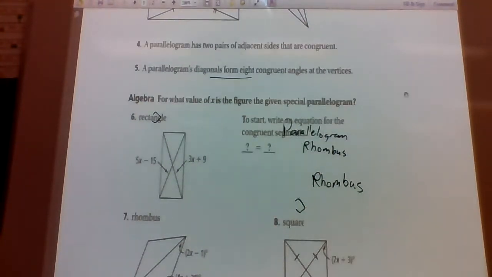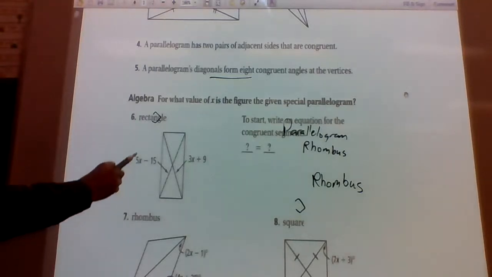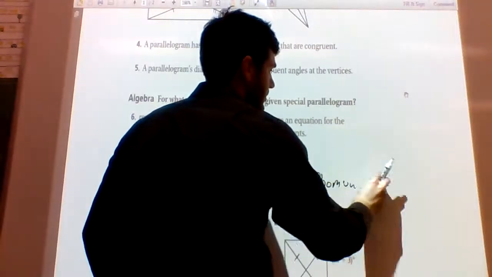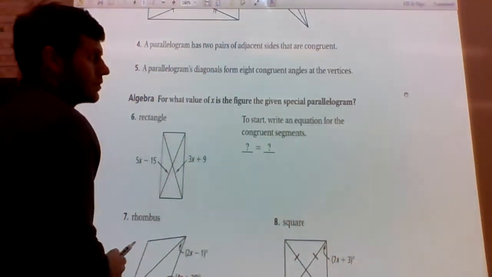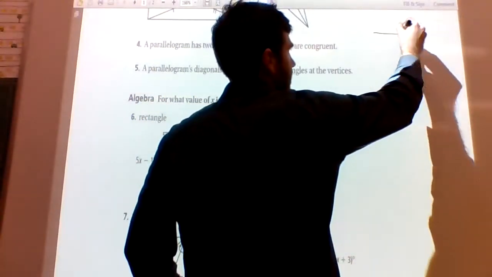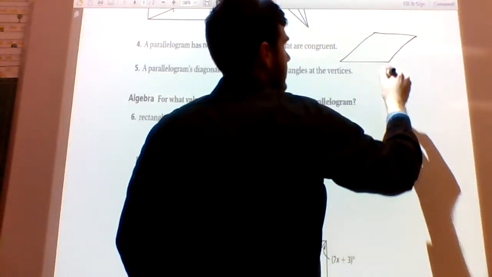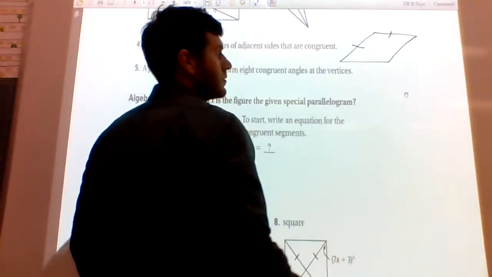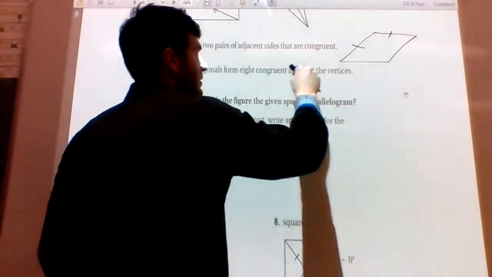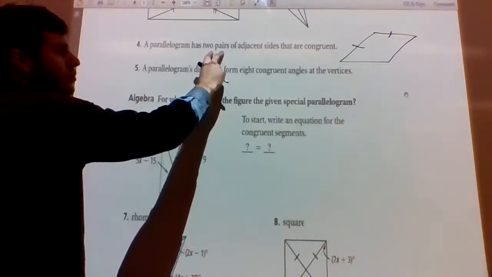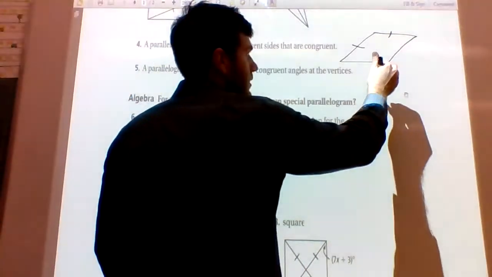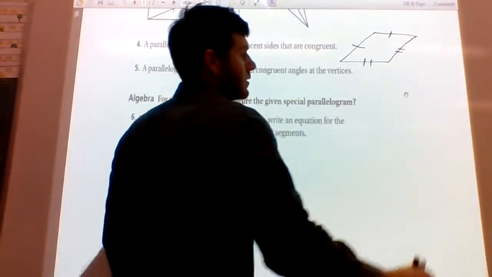For 4 and 5, a parallelogram has 2 pairs of adjacent sides that are congruent. So if we draw this out, we have a parallelogram. These are 2 adjacent sides. And it's saying 2 pairs, so here's a pair of adjacent sides, and here's another pair of adjacent sides.